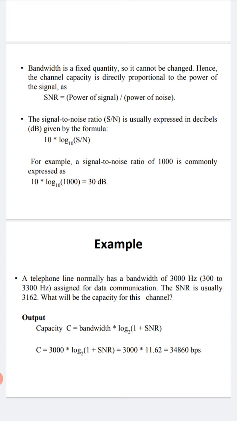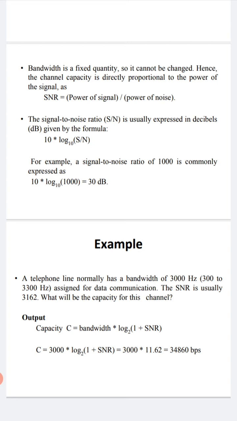Capacity capital C equals bandwidth into log 1 plus SNR to the base 2. Now we apply the bandwidth and SNR values.